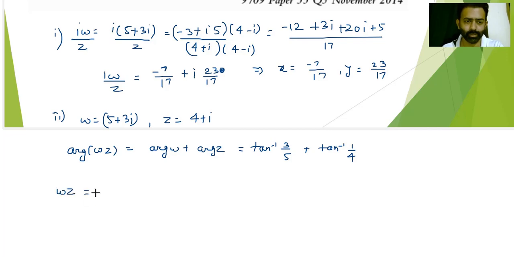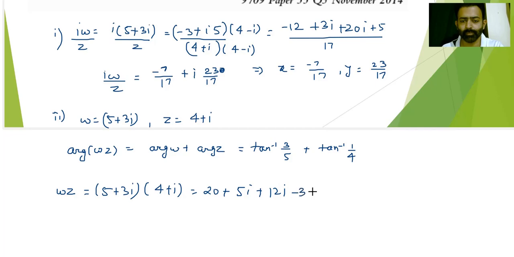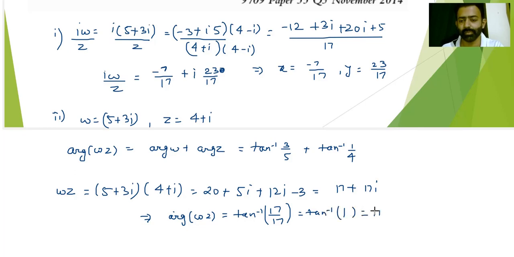So w is 5 plus 3i and z is 4 plus i. So 5 into 4 is 20, 5 into i is 5i, plus 12i, and this is minus 3. Okay, so you will get the real portion as 17 and the imaginary portion is also 17. So argument of wz will be tan inverse of 17 over 17, which is tan inverse 1, which is pi by 4.